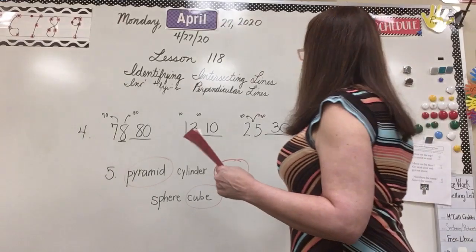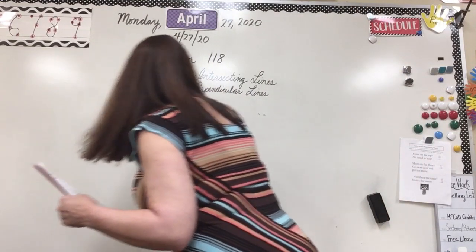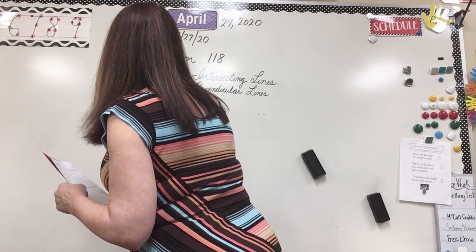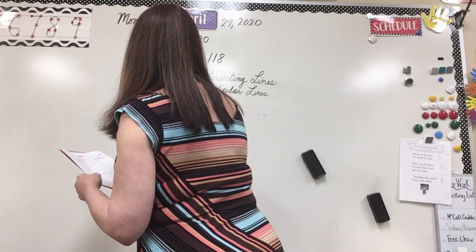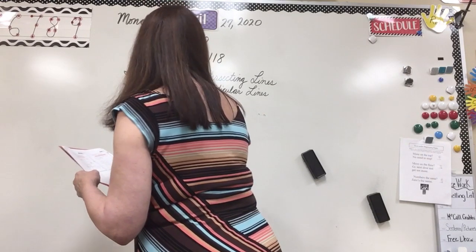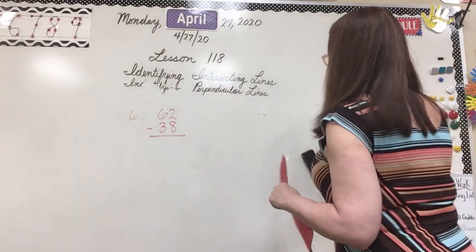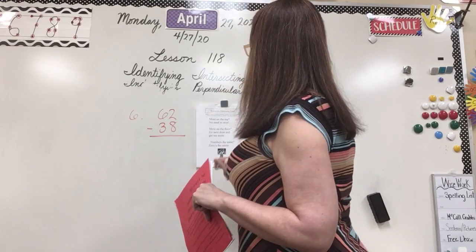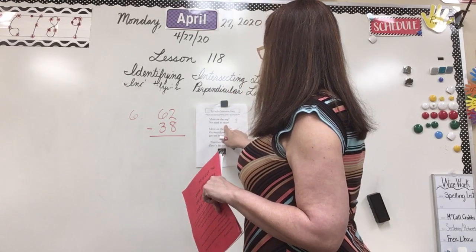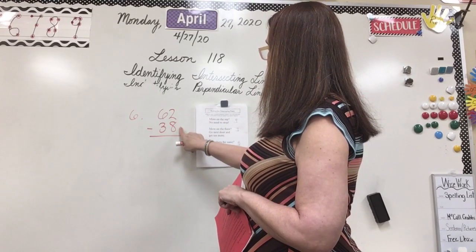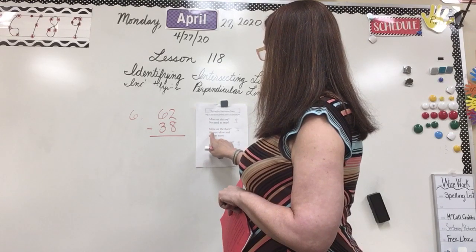Now, let's look at number 6. We have 62 minus 38. And it's really important that we think about our little poem here. More on the top? No need to stop. Is there more on the top? No, there's actually more on the floor. So what does it say?